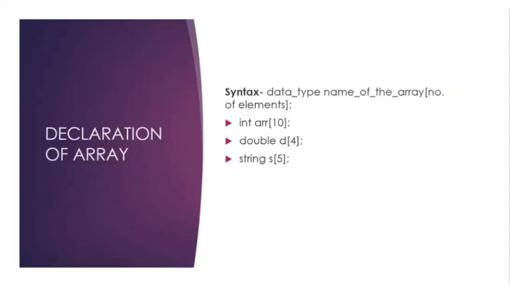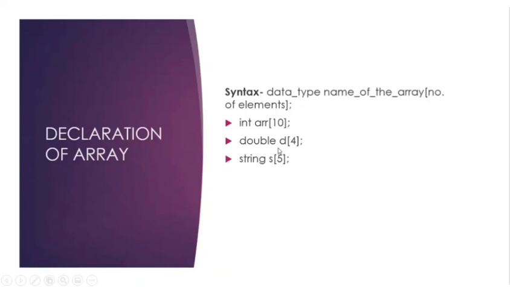Now let's see the syntax of how to declare an array, which is data type with a space, name of the array, within square brackets the number of elements. Number of elements as in the length of the array. Let's see a few examples. int arr[10]. int is the data type, arr is the name of the array, and within square brackets we have 10, that is the length of the array.